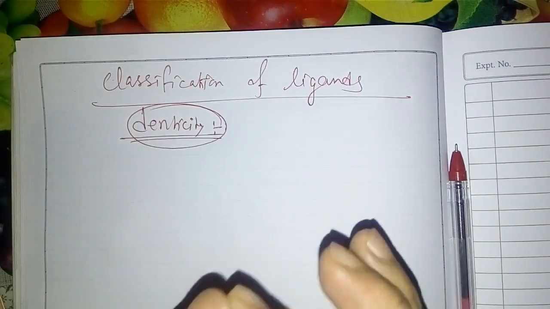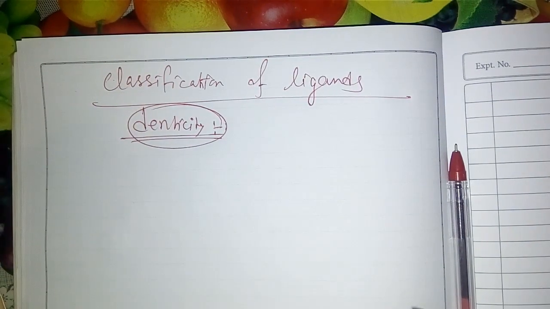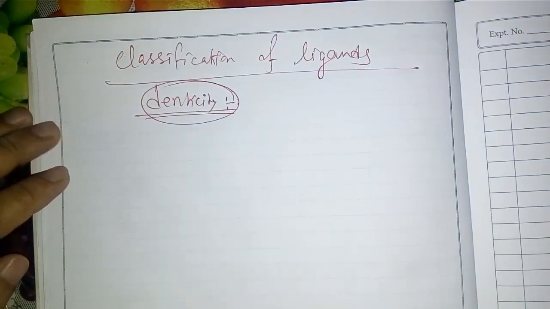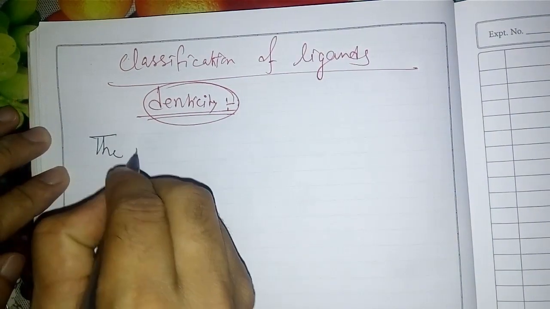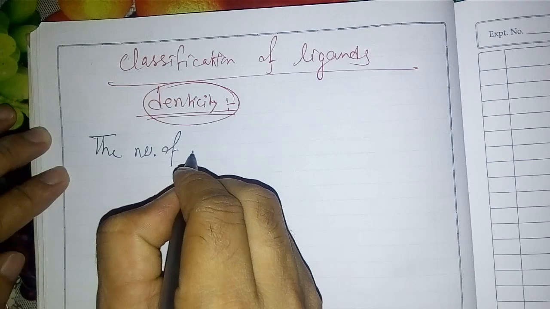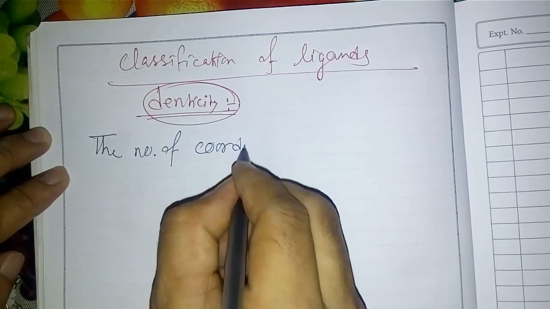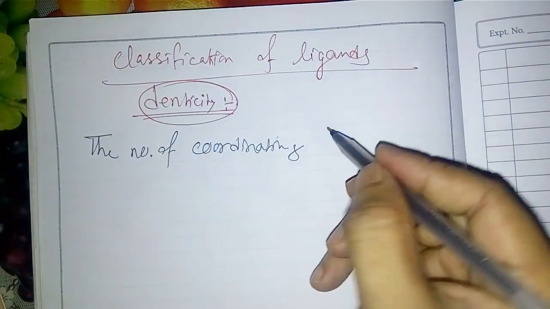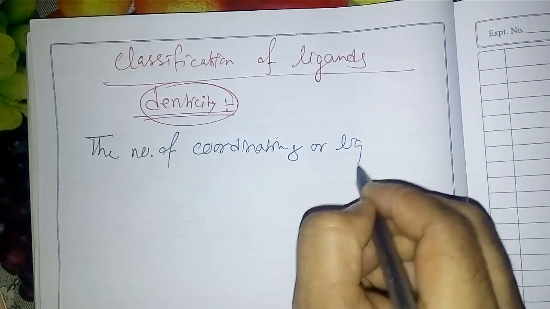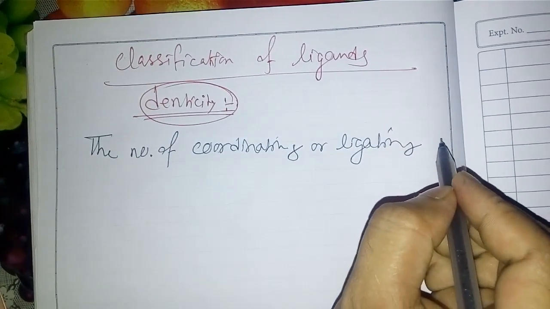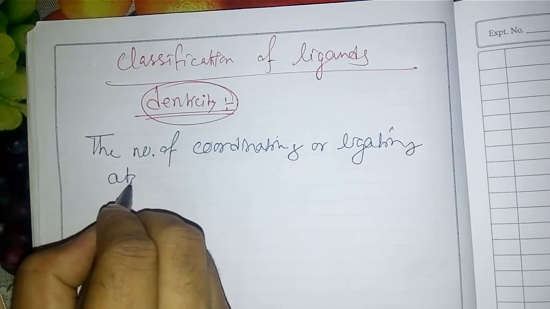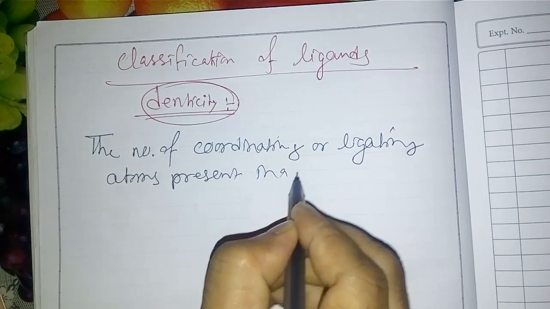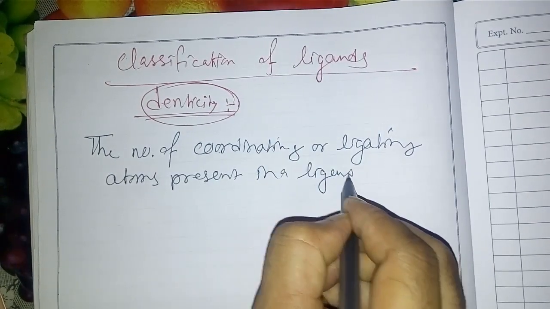So denticity is nothing but the number of coordinating or ligating atoms present in a ligand.